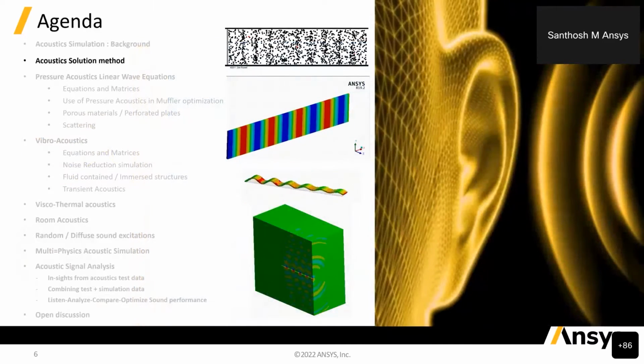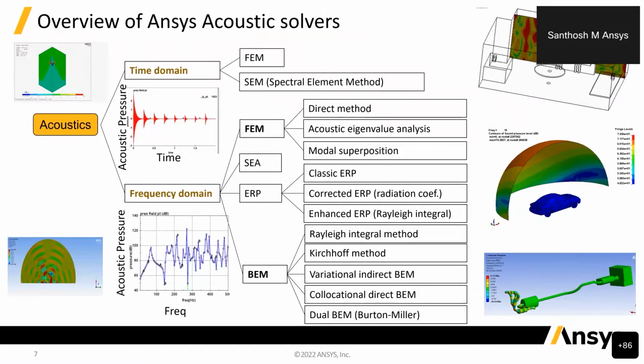All right. Now let's look at the solution methods. When we start thinking about the acoustic study, broadly we can classify the insights or information that we need to look for into two different domains.